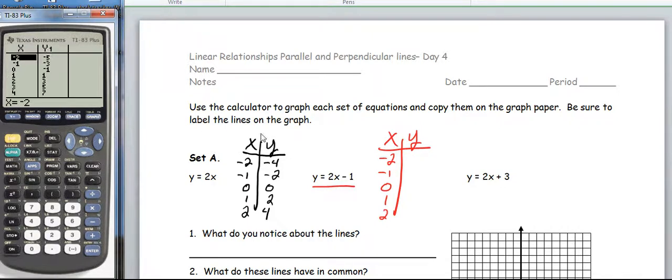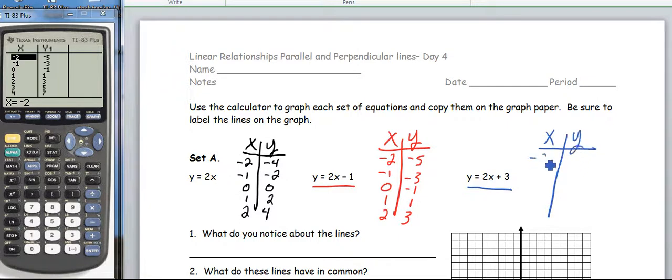Go to my table and fill in my values: -5, -3, -1, 1, and 3.